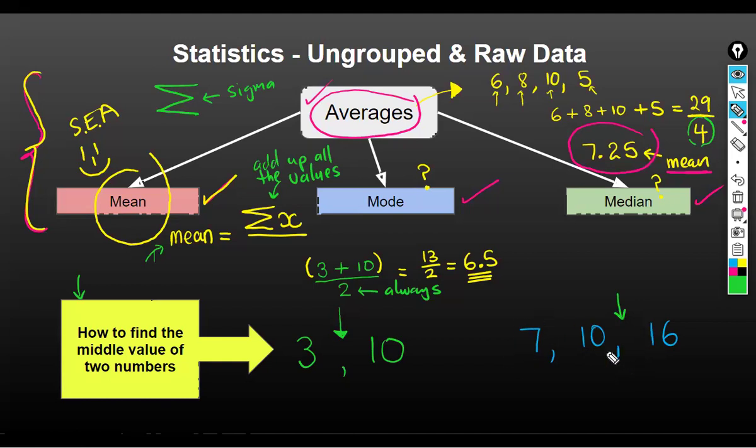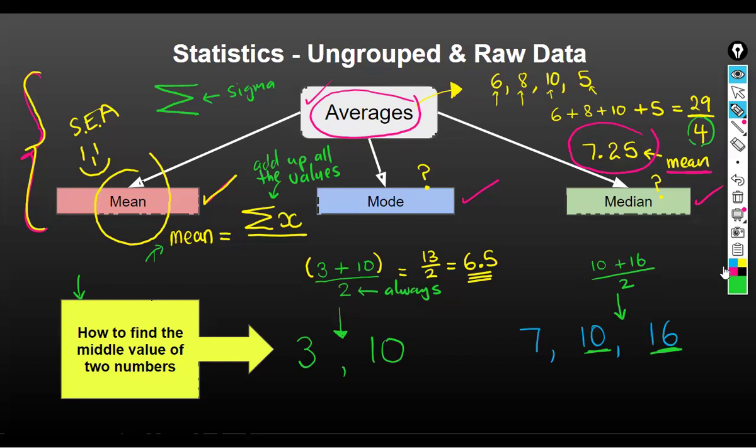If I'm asking you what value lives in between 10 and 16, you're only paying attention to the 10 and 16. The 7 is there just to distract you. So what you will have to do is add the 10 and the 16, and then divide it by 2. Always. So whenever you want to find the value in between 2 values, you look to the left, you look to the right, whatever you see, add them, then divide by 2.